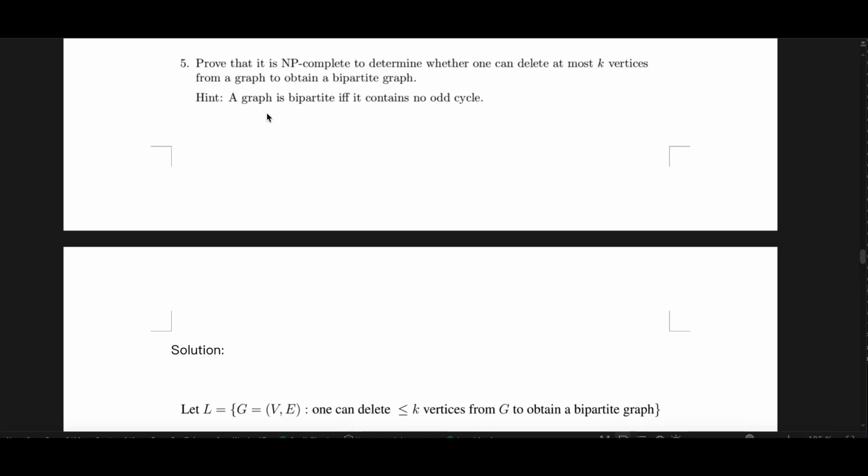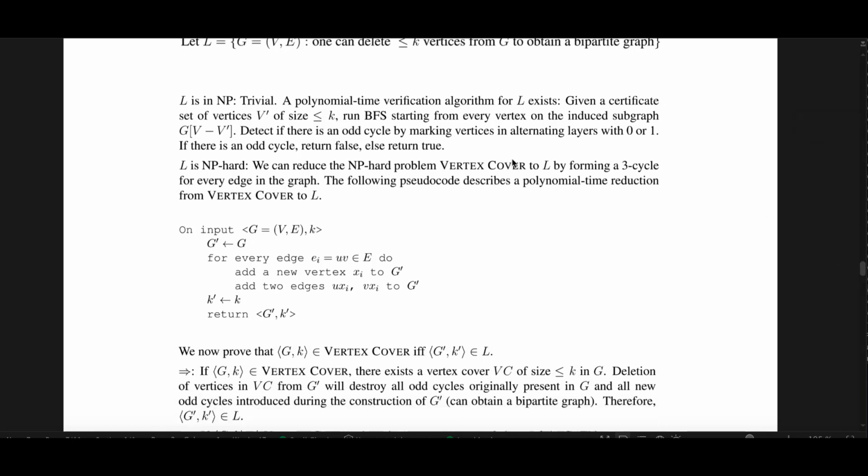There is a hint: a graph is bipartite if and only if it contains no odd cycle. So let L = {G = (V, E) : one can delete at most k vertices from G to obtain a bipartite graph}. L is in NP.